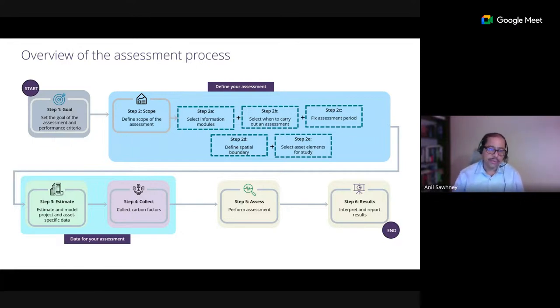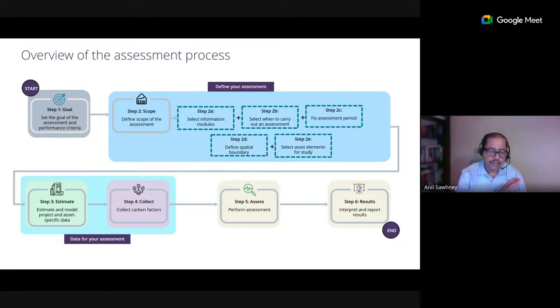One is not enough, remember, because if you're doing a new build, early on in the project, you may not have enough information. By the time you're doing construction, you will have actual information. So you estimated 1,000 cubic meters of concrete, you poured 1,050 cubic meters of concrete, so you need to run the assessment again.